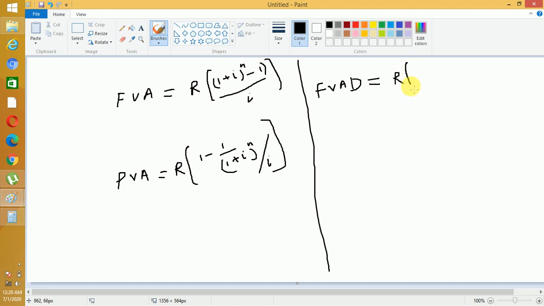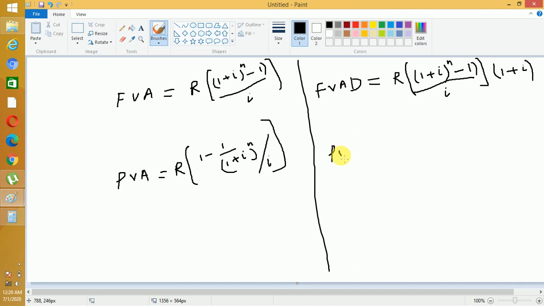R times [(1 plus I) raised to the power n minus 1], whole divided by I. What will we do? We will multiply it by 1 plus I. Nothing else.